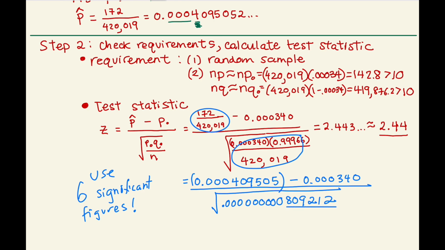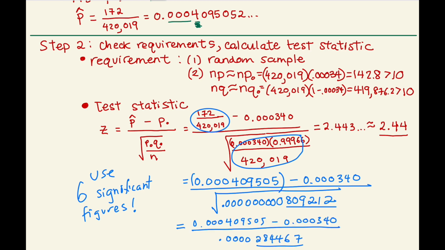That's 12 decimal places. And then I would take the square root, and again, I'm going out those 6 significant figures, and my answer ends up being 2.4433, which rounds to 2.44. So I would get the same answer as if I had just punched this whole expression into my calculator.